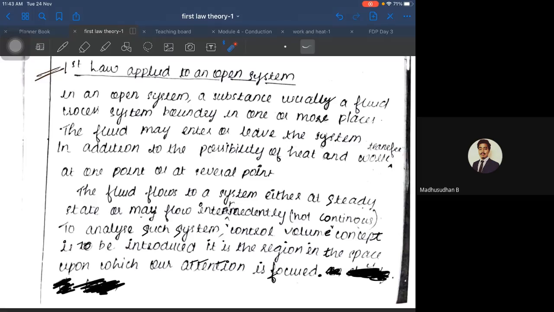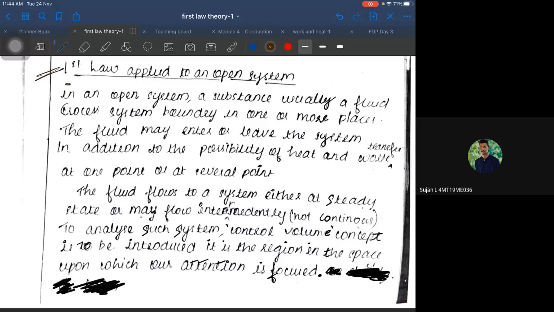In an open system, a substance, usually a fluid, crosses the system boundary at one or more places.